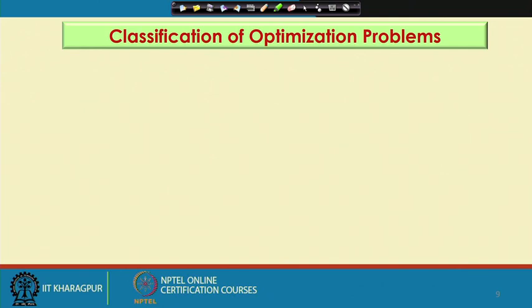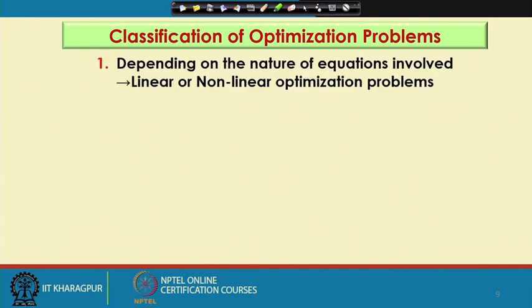Now, the next is how to classify the different optimization problems. Optimization problems have been classified in different ways. For example, the first one depends on the nature of the equations involved. Depending on the nature of the equations involved, the optimization problem could be classified into two groups.